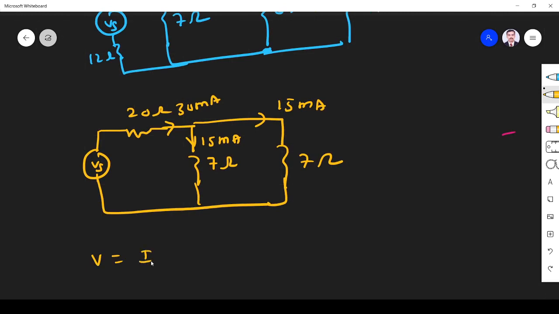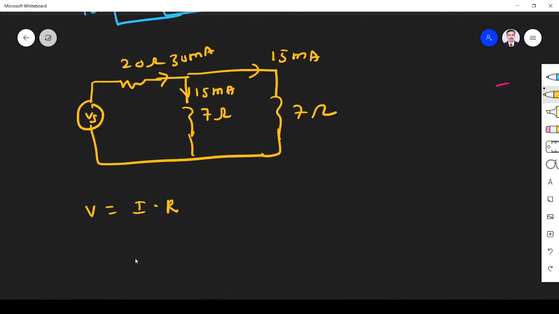Now we see what V is. V is equal to I into R. We know I is 30 milliamps, so 30 into 10 power minus 3. What should R be? Again 7 and 7 equal resistances give 3.5. Then it is 20. 20 plus 3.5 is 23.5.